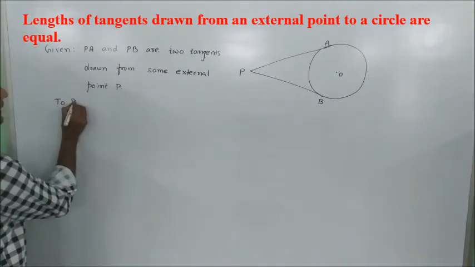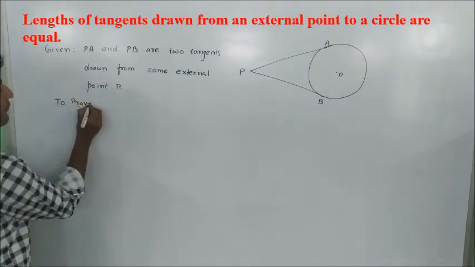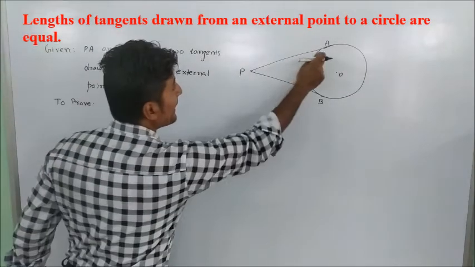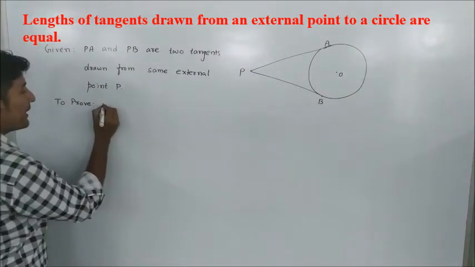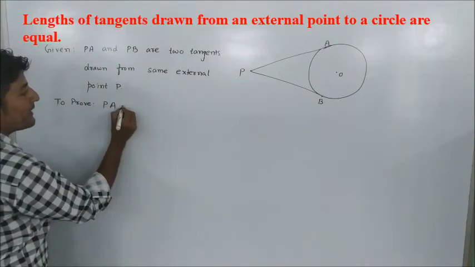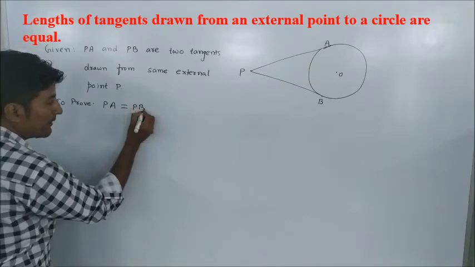In to prove, since we are going to prove PA is equal to PB, we write PA is equal to PB.